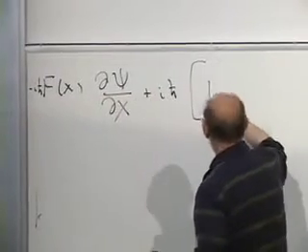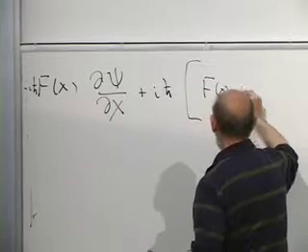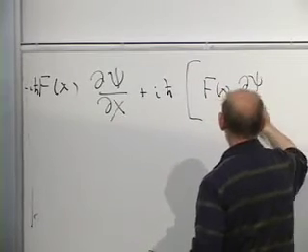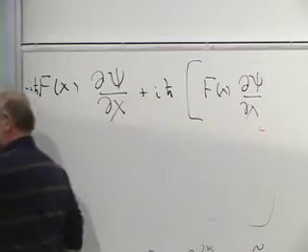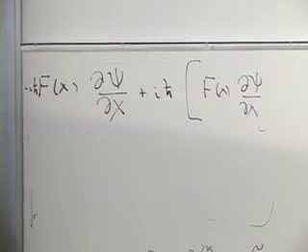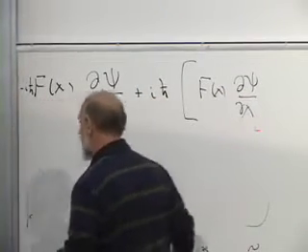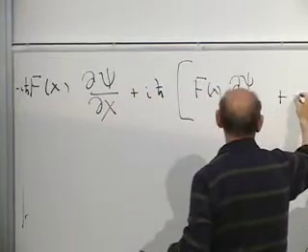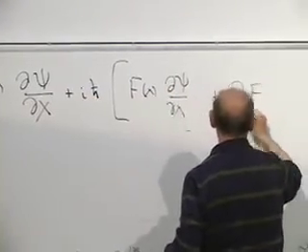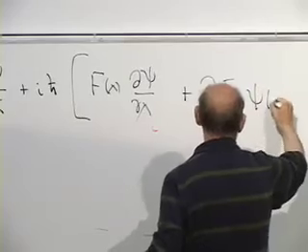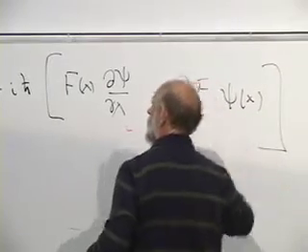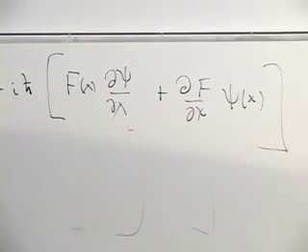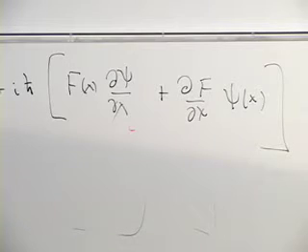So that gives you f of x times d psi by dx. The second term differentiates f and leaves psi alone. So that gives me plus df by dx times psi of x. Everything inside the bracket. That's the operation of this commutator acting on a wave function psi.